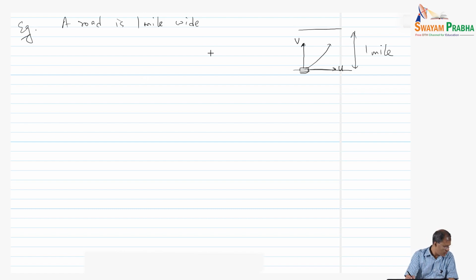So a road is 1 mile wide, with wind flowing uniformly, right?